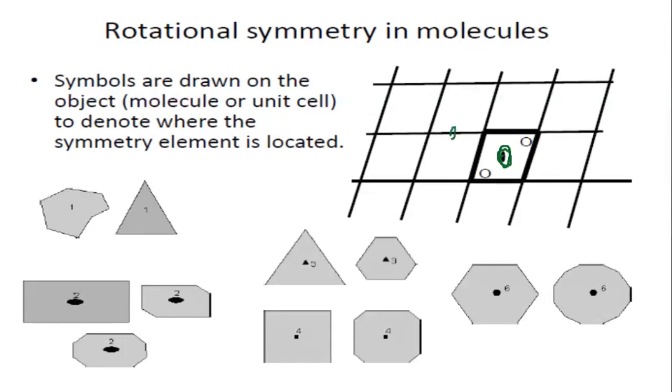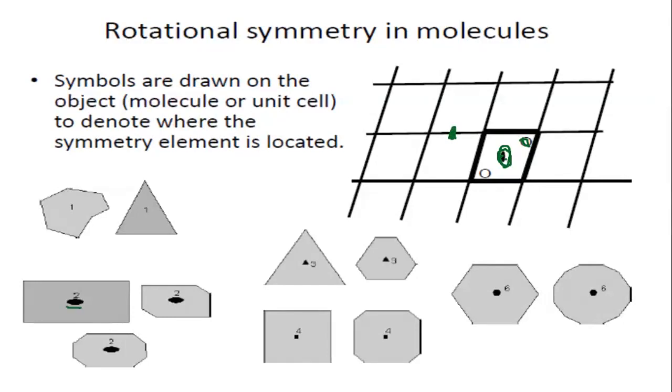So for example, here, you could have a twofold rotation, etc. So it can be located anywhere in the unit cell, but about this rotational axis, you rotate and generate a new set of coordinates. And this symbol here represents a twofold rotation.